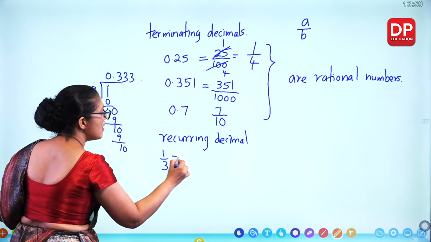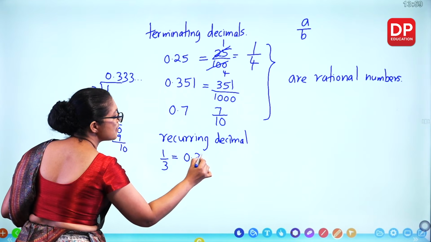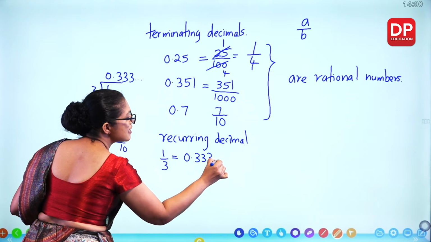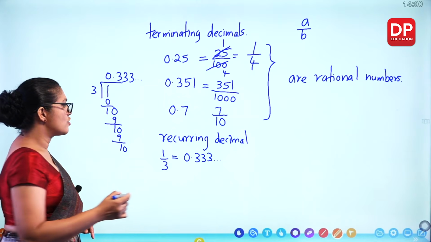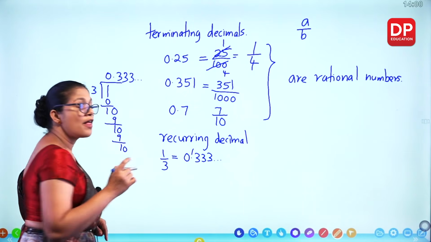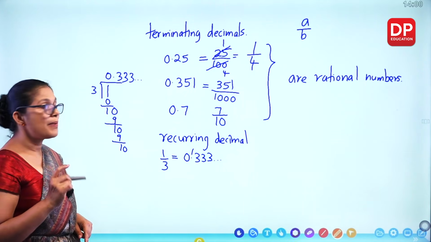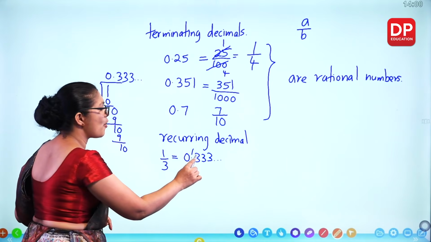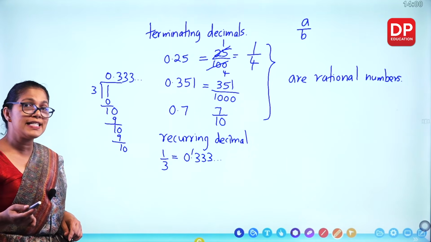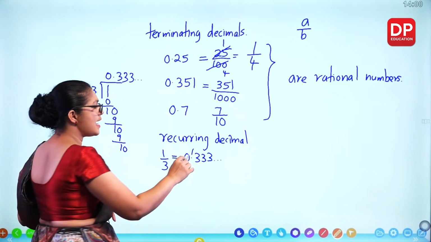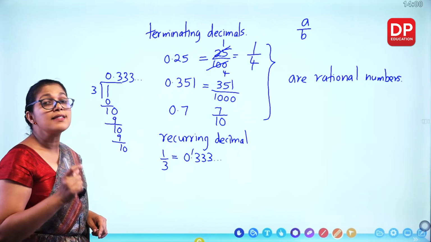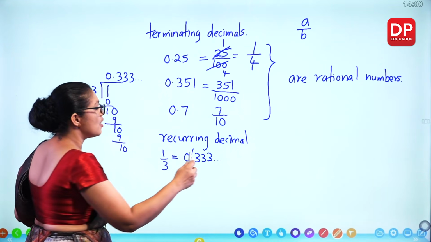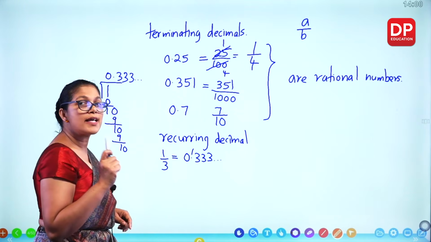So here 1/3 we can write 3, 3, 3. This is continuing. So we call these recurring digits. So here one digit 3 is repeating. So when you take 0.333, 3 is repeating. If we can write in another way that shows the value concisely, we say that's the concise form.